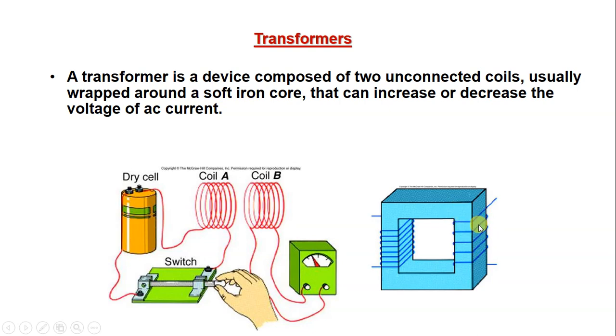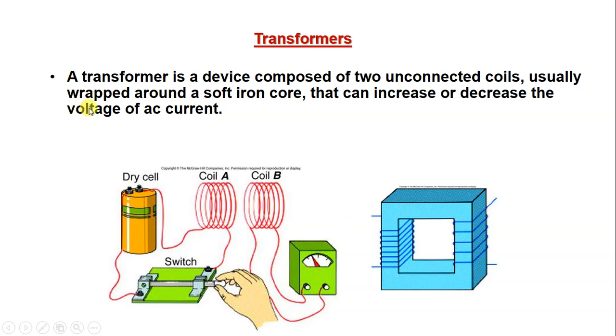These coils are not connected to each other at all. So it's composed of two unconnected coils. You bring a wire and wrap it around one side, and another wire and wrap it around the other side, usually around a soft iron core, that increases or decreases the voltage.